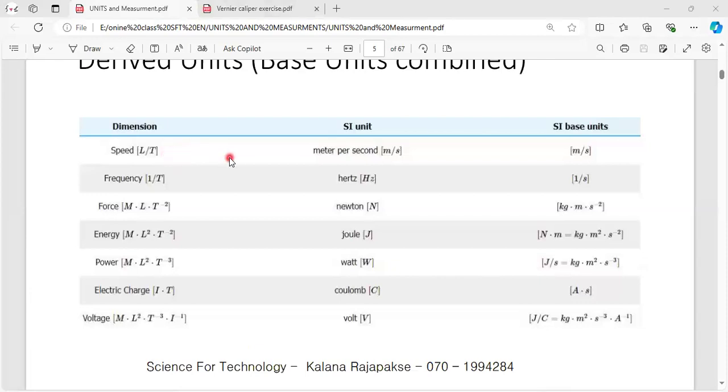Speed is distance divided by time, right? So now the derived unit through the combination of SI units is meters per second, right? m s^-1, or you can write it down like this, just m/s.